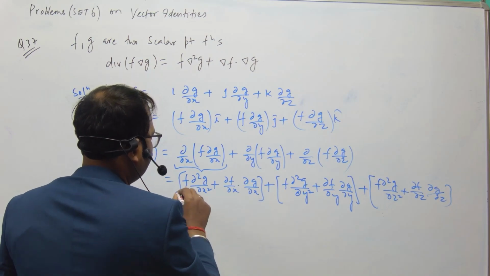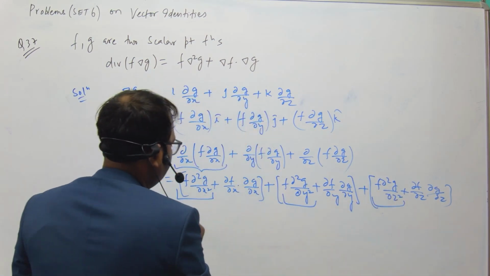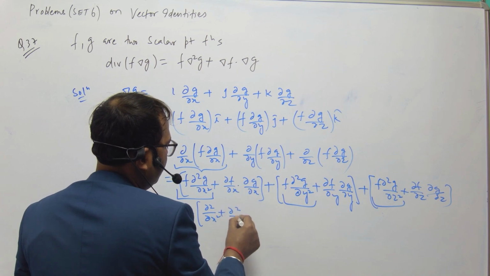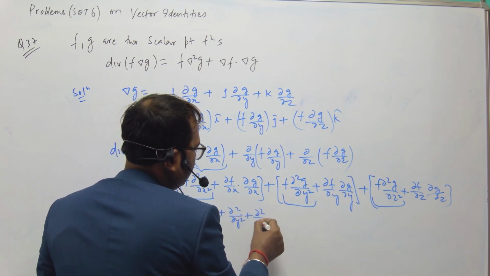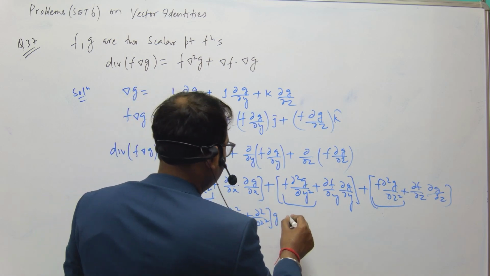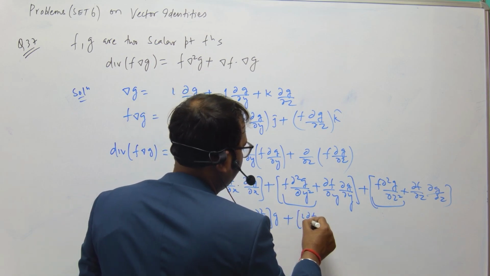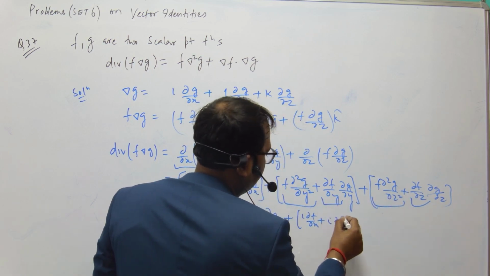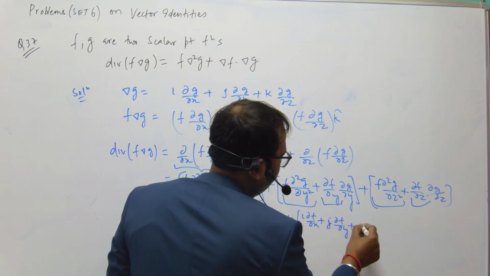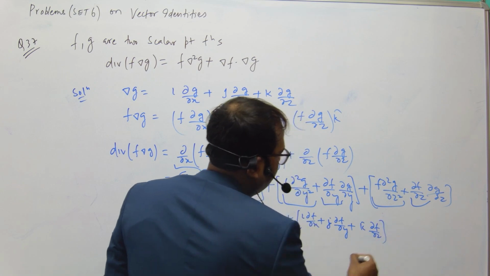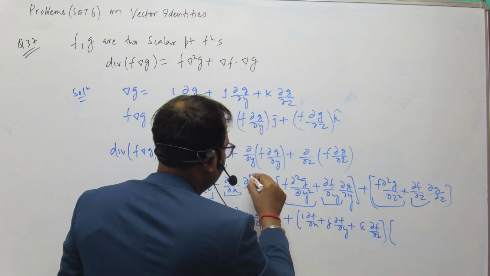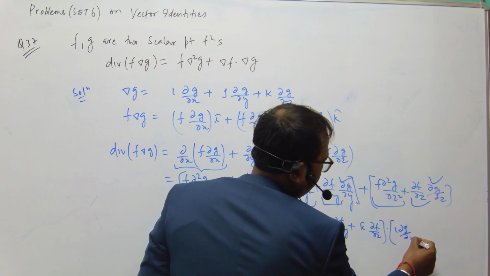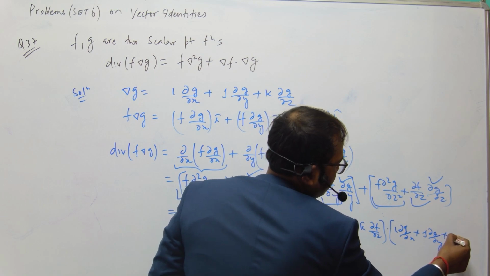Let us combine this. This is f times del 2 upon del x square plus del 2 upon del y square plus del 2 upon del z square acting on g, plus i times del f upon del x plus j times del f upon del y plus k times del f upon del z, dot product with i times del g upon del x plus j times del g upon del y plus k times del g upon del z.